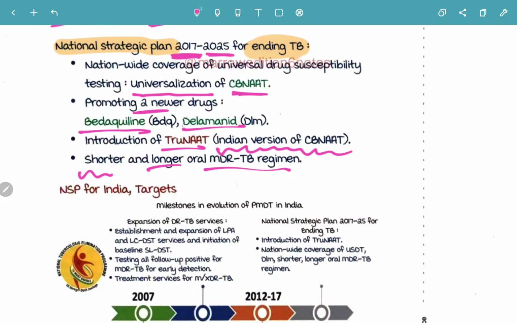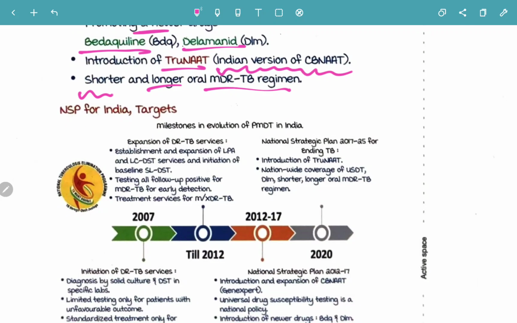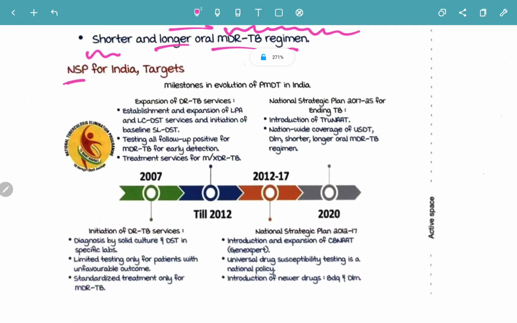So the National Strategic Plan for Ending TB says four things: universalization of CBNAAT using TrueNAT, promoting two newer drugs, bedaquiline and delamanid, and shorter and longer oral MDR-TB regimens. So this is the National Strategic Plan for India.